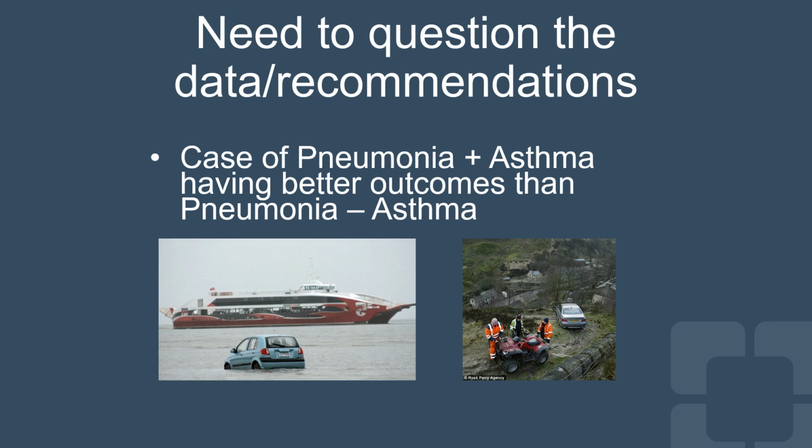But if you did not have asthma, you could be treated on the regular nursing floor. Because they were admitted to the ICU with closer supervision, they had better outcomes, something that was missed by the initial machine learning algorithm. So we need to question the recommendations made by machine learning and understand how the study was done.